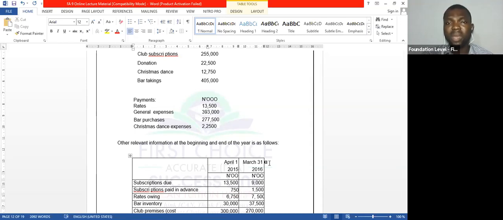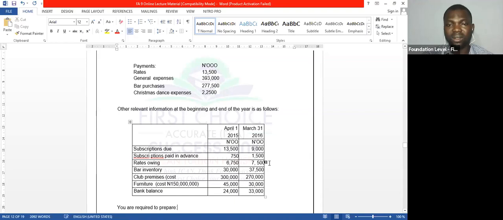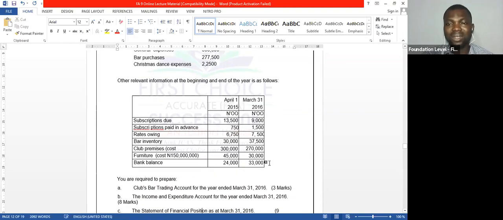They gave us April 1st, 2015 and March 31st, 2016. March 31st, 2016 is the end of the period and April 1st, 2015 is the beginning of the period. So the accounting statements we are going to prepare cover April 1st, 2015 to March 31st, 2016, which gives a total of 12 months.